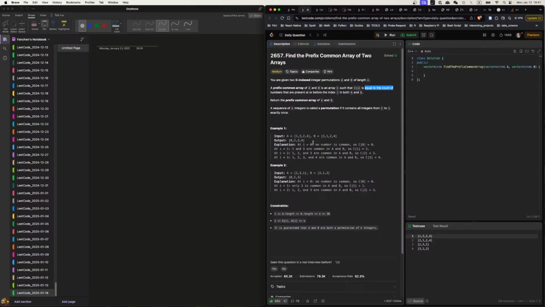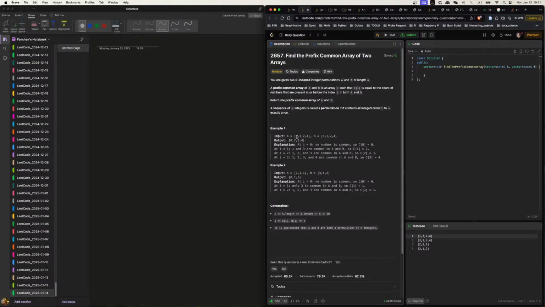Okay, so the prefix common array, C[0] is equal to the count of numbers that are present at or before that index in both. No number is common, so the count of common numbers, right? I think I'm missing a word here.